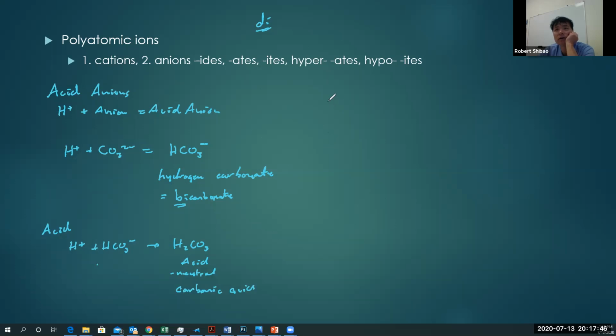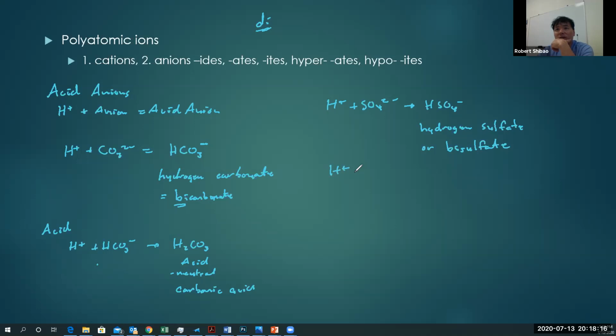So what are some other common acid anions? Well, if I take an H plus and a sulfate, I'll get HSO4 minus. HSO4 minus is just called hydrogen sulfate, or, here's that word again, bisulfate, with the prefix bi.